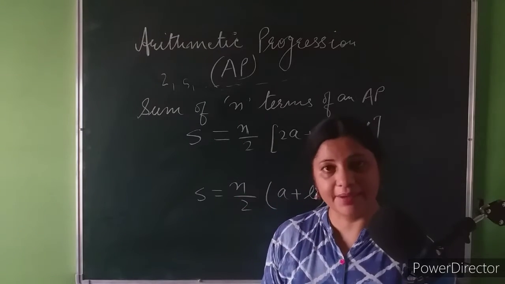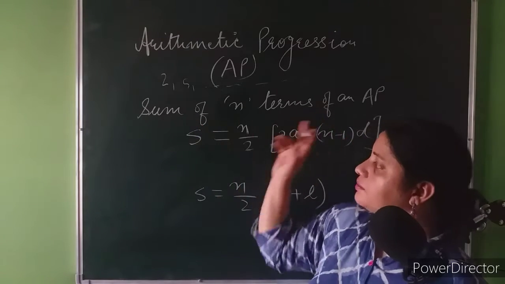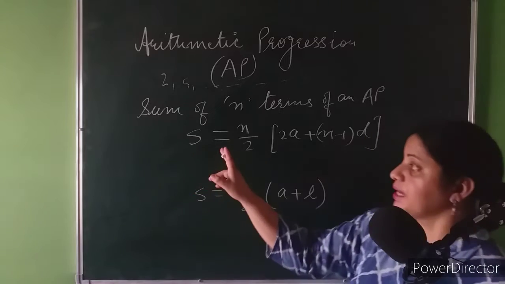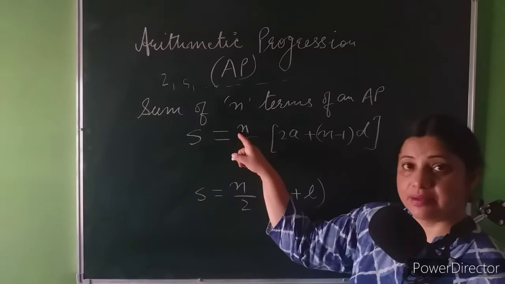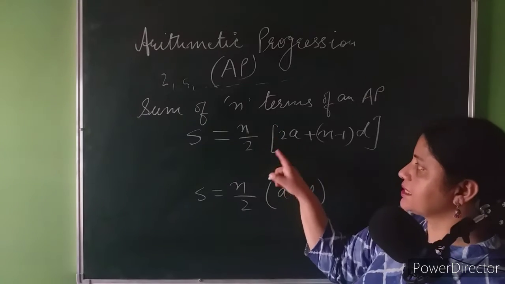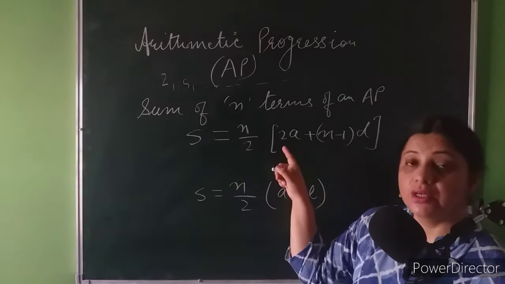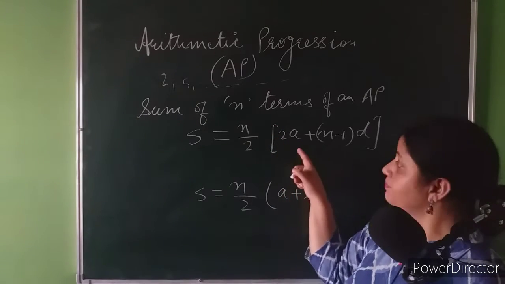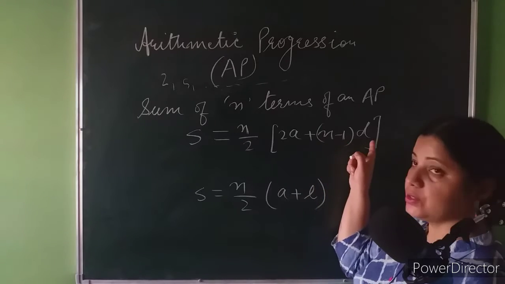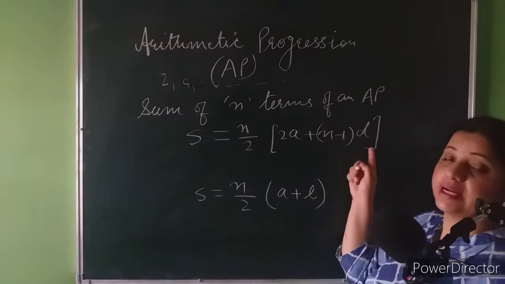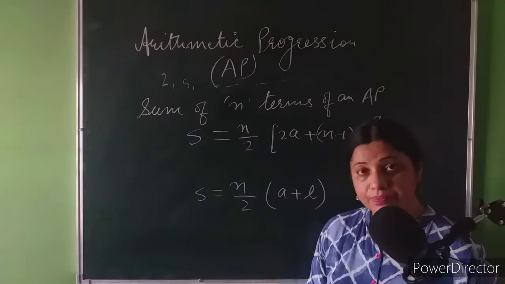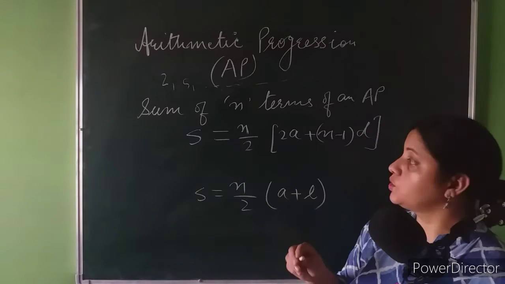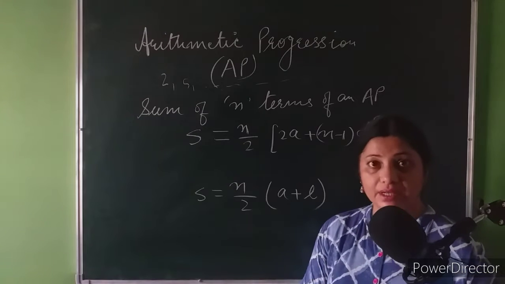Remember always, the sum of n terms of an AP is S equal to n by 2, where n is the number of terms. Big bracket starts: 2a, which means 2 multiplied by the first term, plus (n minus 1) into d, and the bracket closes. Check the formula again. S is equal to n by 2, bracket starts 2a plus (n minus 1) into d.